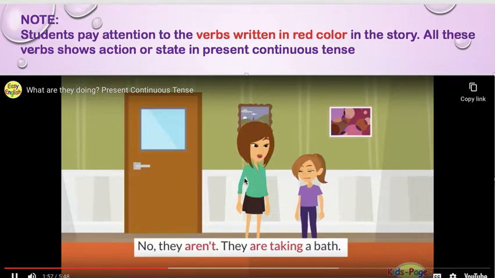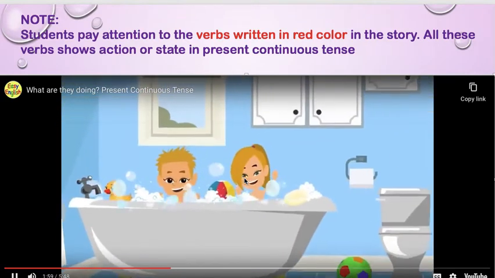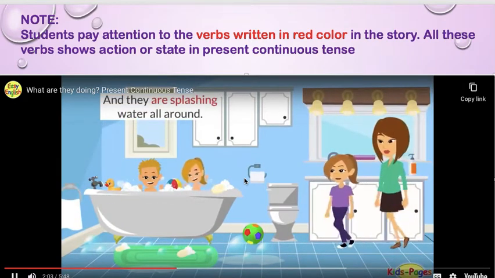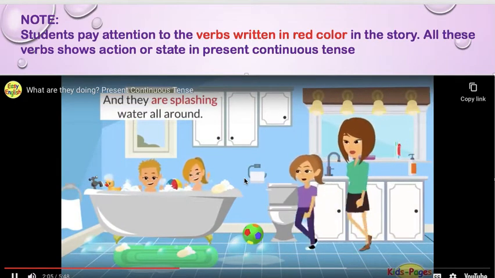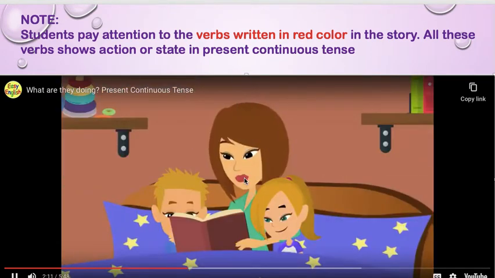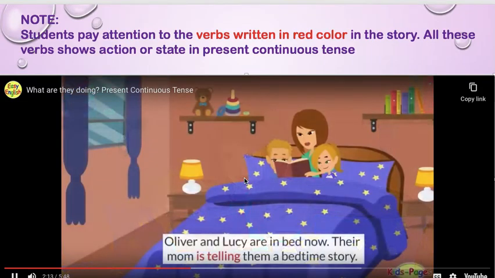They are taking a bath. And they are splashing water all around. They are having so much fun. Oliver and Lucy are in bed now. Their mom is telling them a bedtime story.